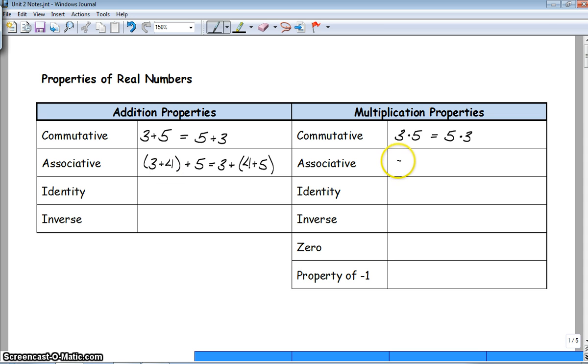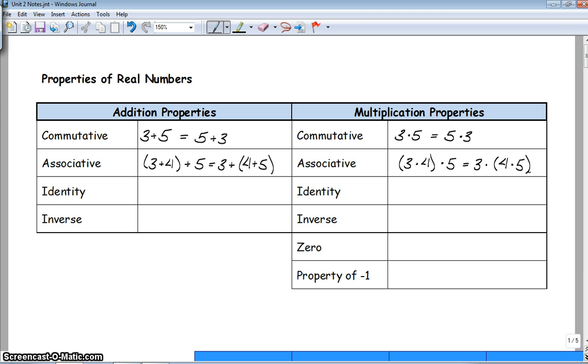Same thing for multiplication. If I associate my 3 times 4, then times 5, it's the same thing as if I were to say 3 times the combined product of 4 times 5.